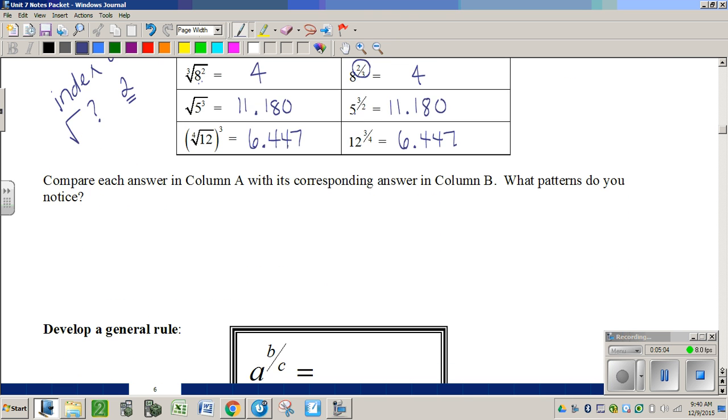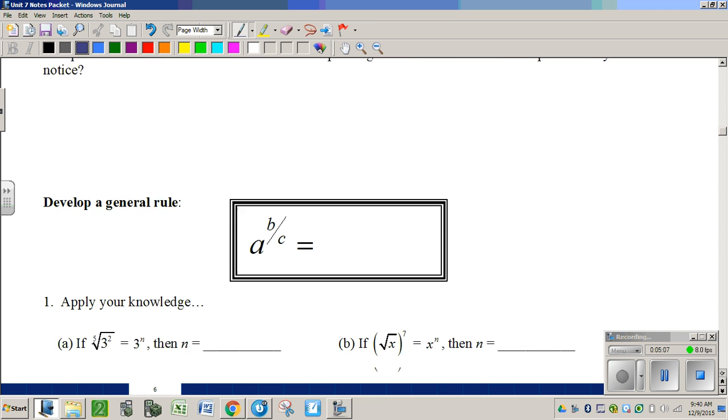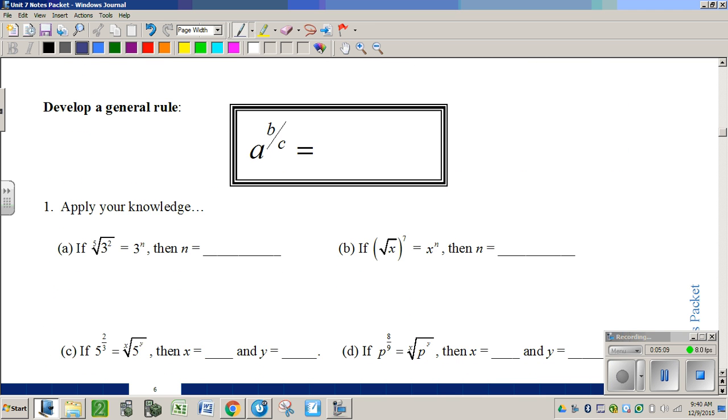Okay, so we looked at all the different patterns there. Now we're going to come up with a general rule. One of the things that you are going to remember as we go through this, anytime you have a fractional exponent, you are going to remember power over root.